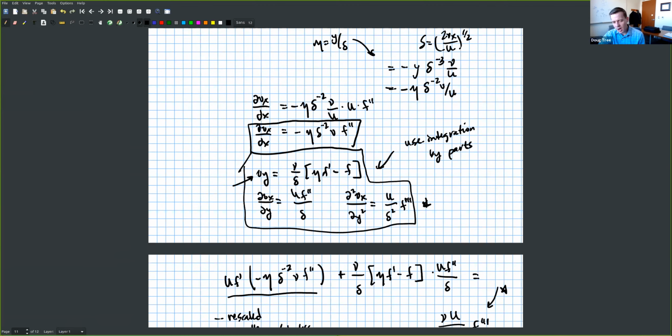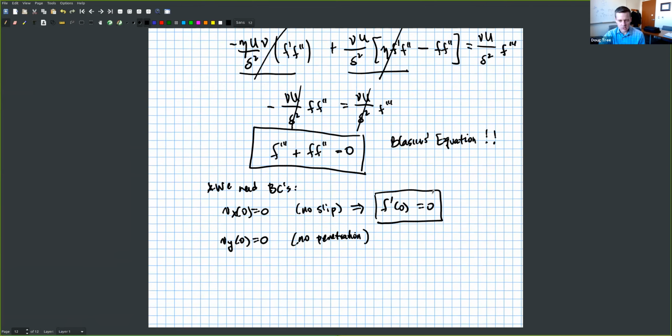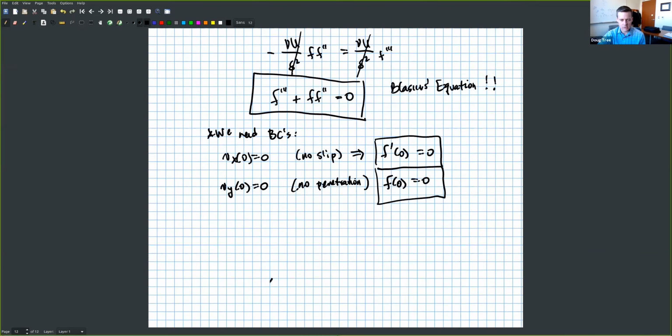And I just said f prime has to equal 0. So that means all this other stuff doesn't matter and f has to be 0, right? Because if that part's 0, this could be whatever. That means f has to equal 0. So this condition says that f at 0 has to equal 0. Okay. So those are the two inner boundary conditions.